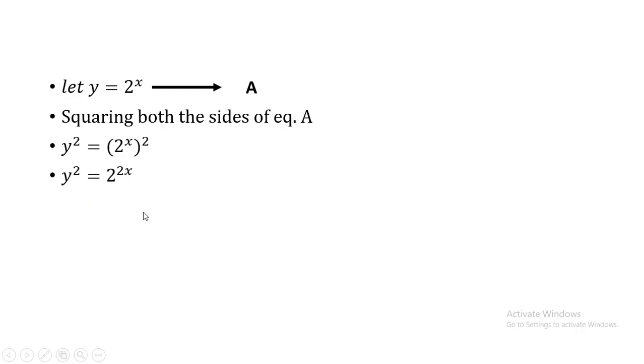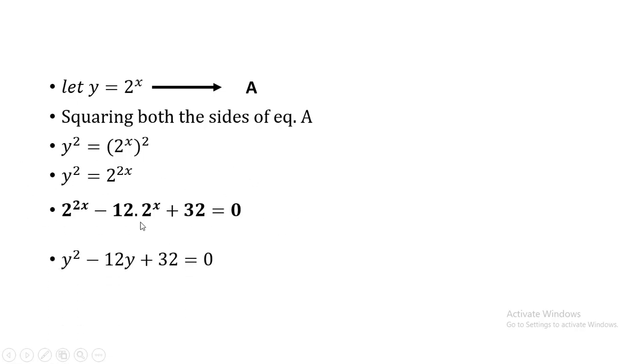Why have I done that? This was my general equation, the question converted into the general form. Substituting these two values, y = 2^x and y^2 = 2^(2x), gives me a quadratic equation: y^2 - 12y + 32 = 0.